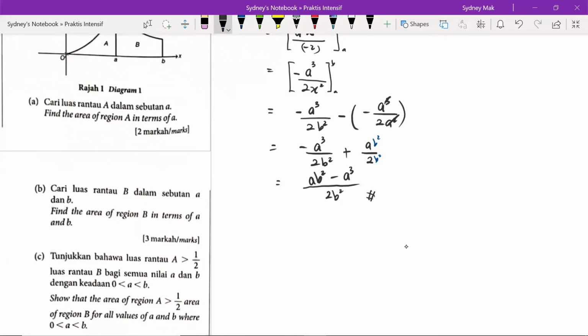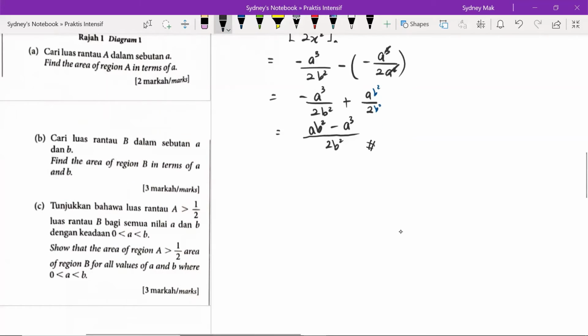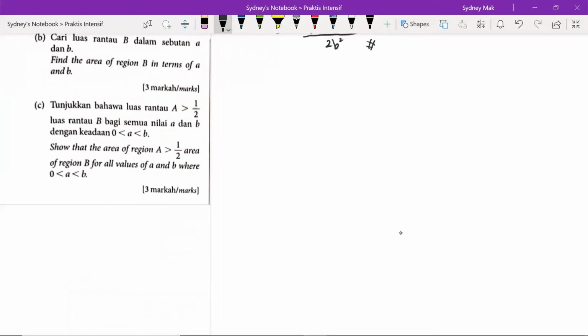Next, we have to show that the area of A is greater than half the area of B. Okay, how do we prove this? Part c, let's write down the area of region A, which is a over 4.